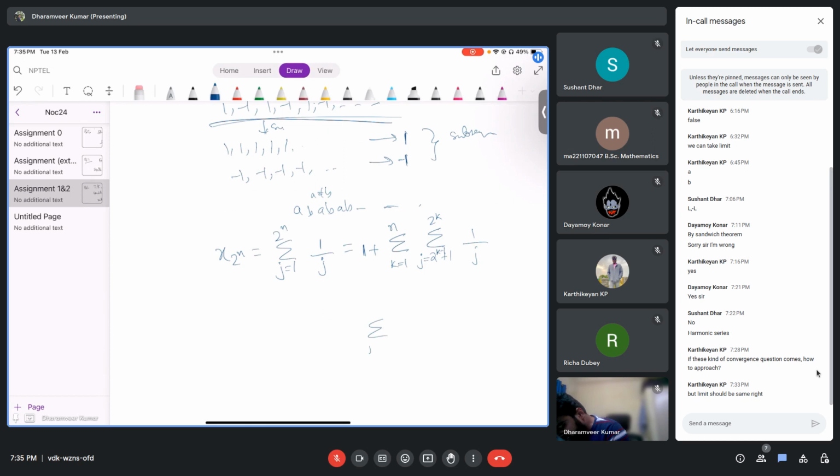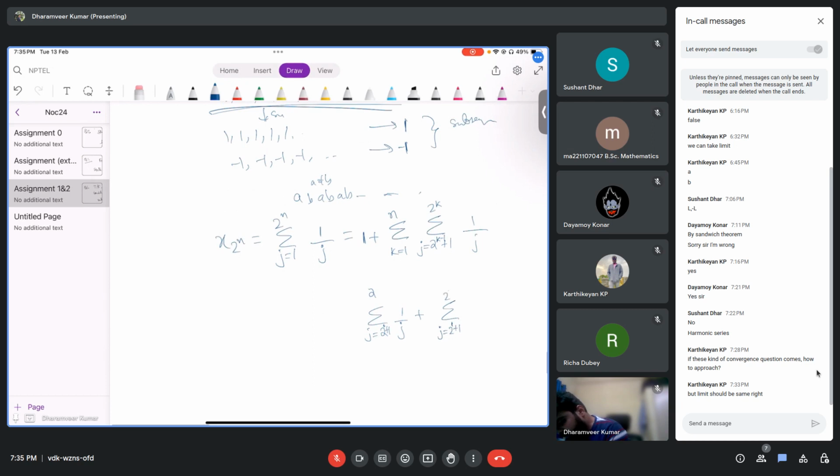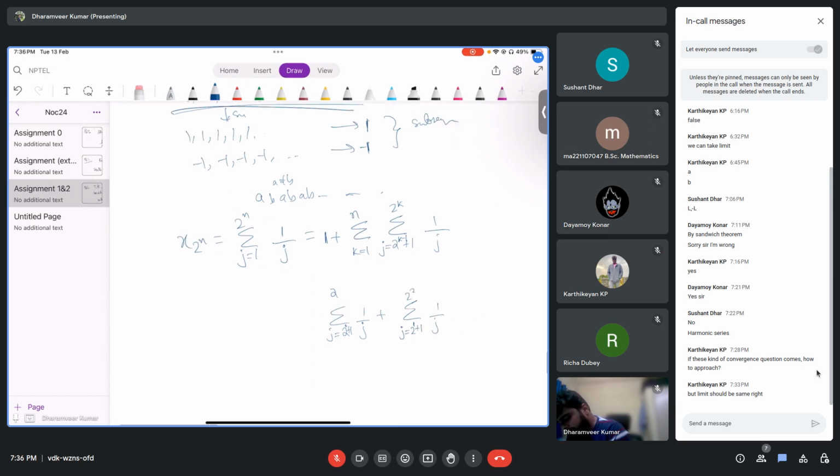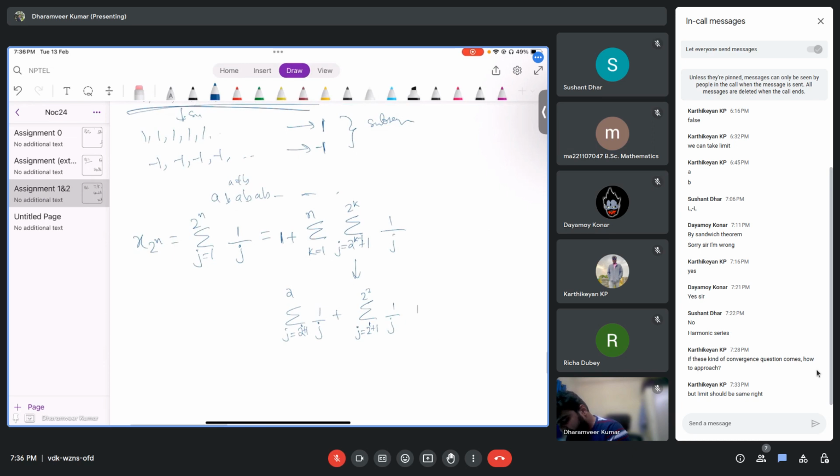So starting from j equal to 2, plus j equal to 2, just expanding this. It finishes at 2 square, starting at 2 square plus 1, going to, and so on, right?